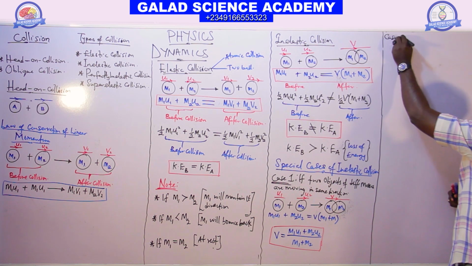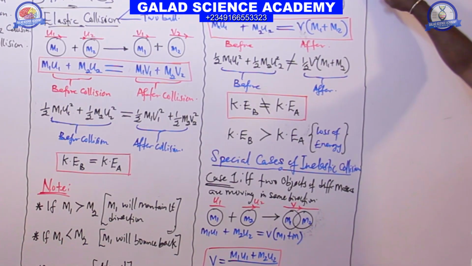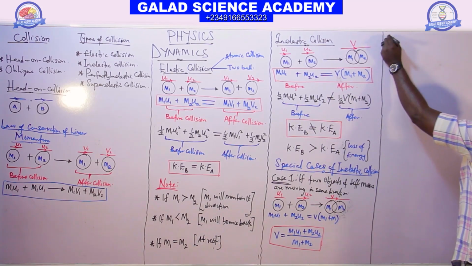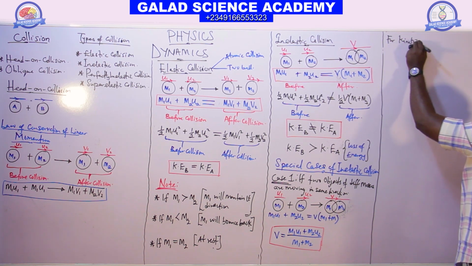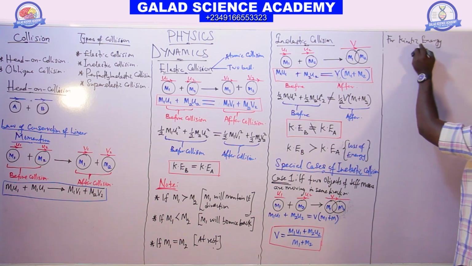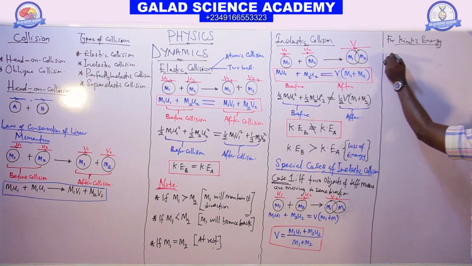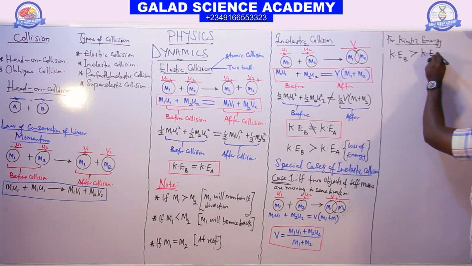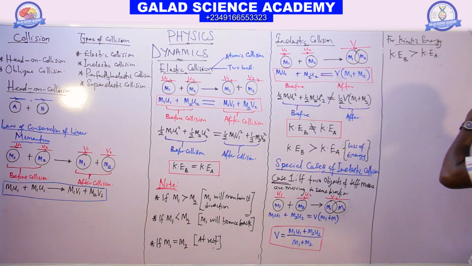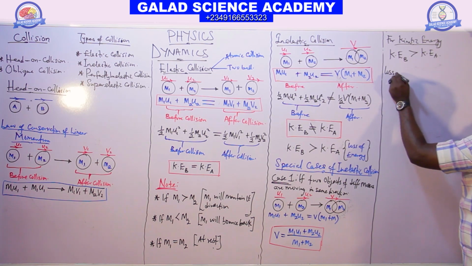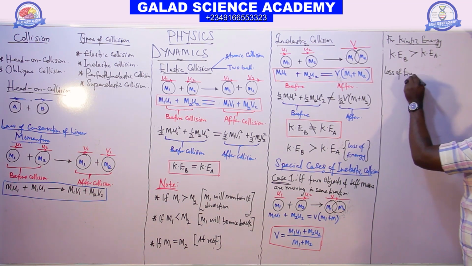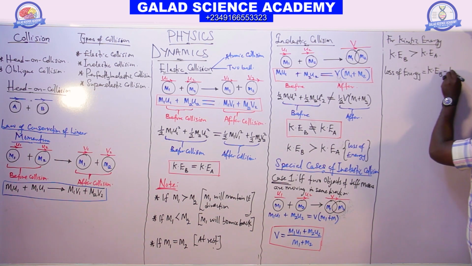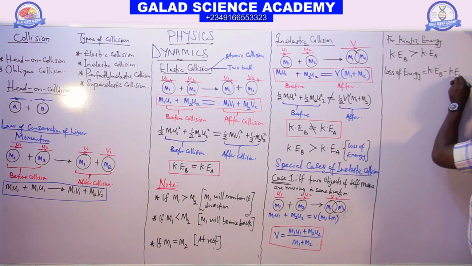Before we move to case 2, let me find the kinetic energy for case 1. You know that the kinetic energy before collision is greater than the kinetic energy after collision. So you can now say the loss of energy is equal to the kinetic energy before minus the kinetic energy after.